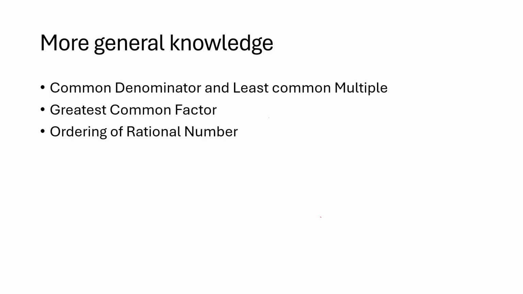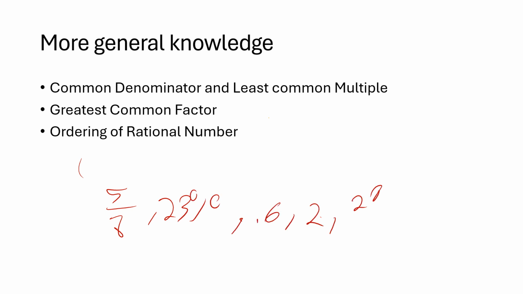If I ever give you an ordering of the rational numbers, let's say we get 5/8, 23%, 0.62, and 28/4. If I were to tell you to order these, the first thing you should do is understand how each of these works in decimal form.